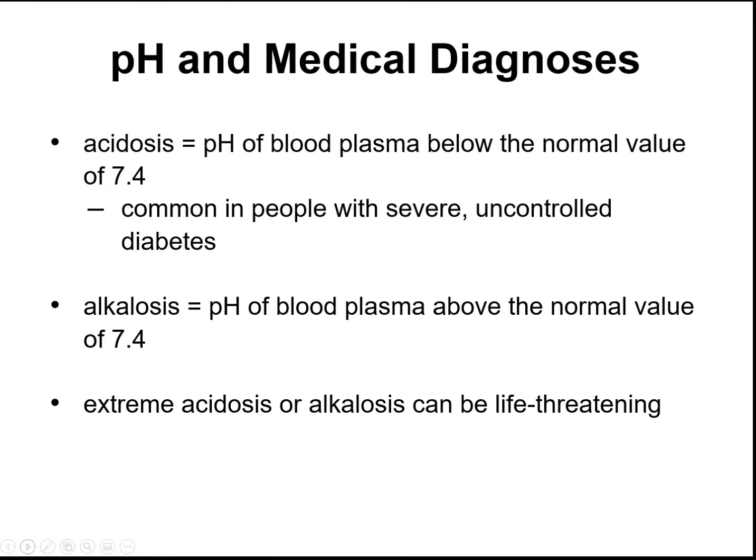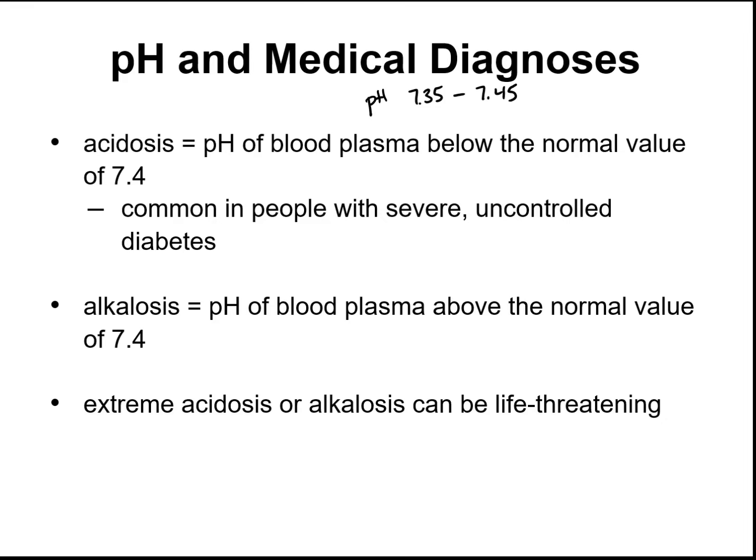Now, why do we care about pH? Well, I mentioned that human blood is very, very slightly basic. It's got a pH of around 7.4. Typically speaking, the pH of your blood is kept very tightly between 7.35 and like 7.45, somewhere in there.